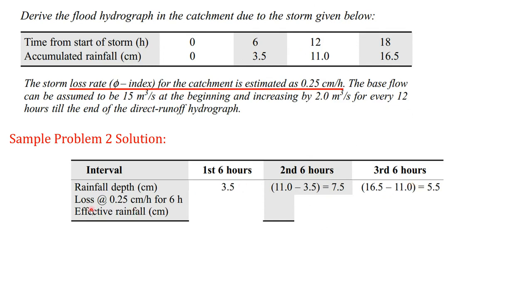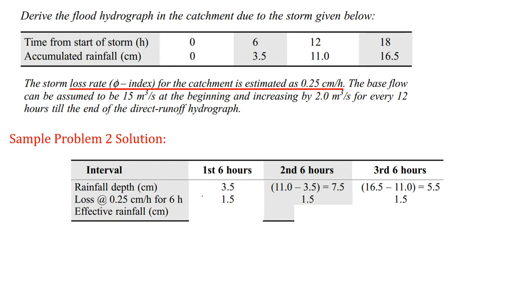Next is identify natin yung loss for every 6 hours. So sinabi dito that the loss rate is estimated as 0.25 centimeters per hour. So ibig sabihin for the first 6 hours, ano yung loss? So, multiply mo lang, di ba? 0.25 times 6.